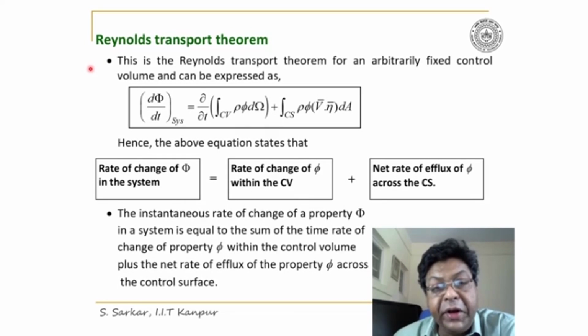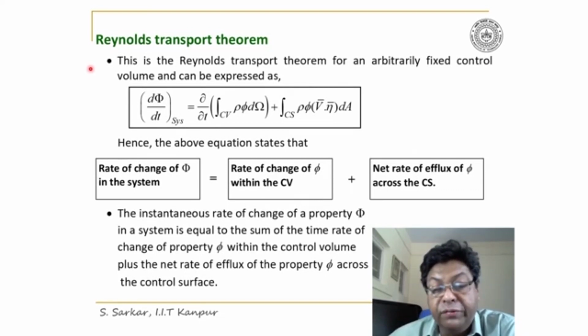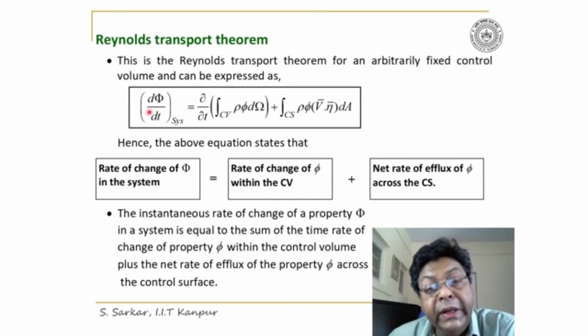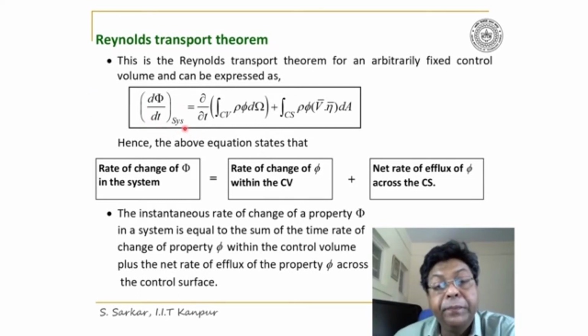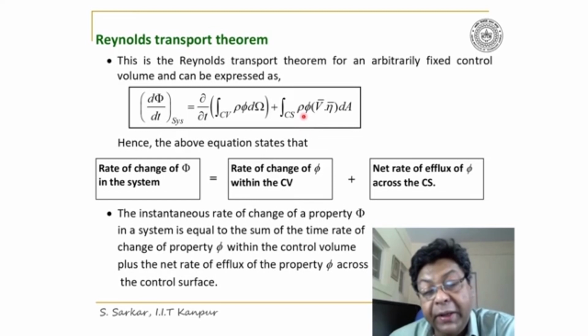Now, the Reynolds transport theorem applied to an arbitrary control volume can be expressed as d capital phi by dt for the system is equal to volume integral of phi plus surface integral of phi.